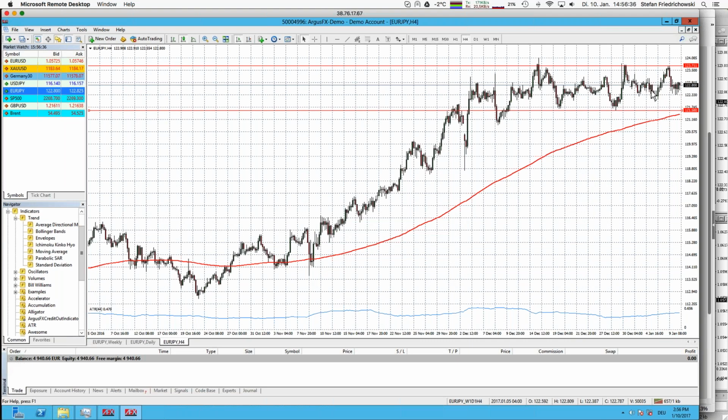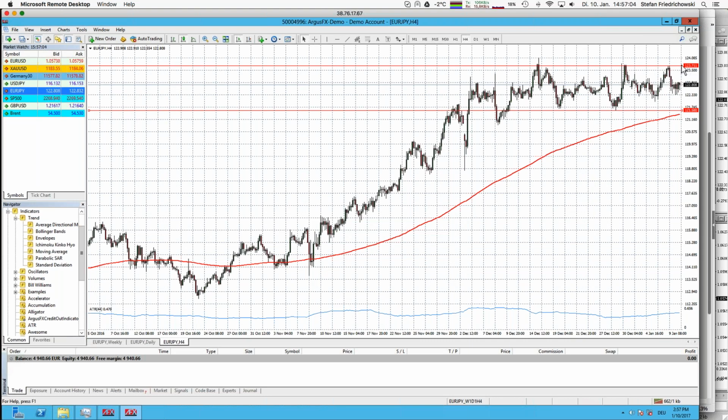That means if I want to trade right now Euro Japanese yen, I would not know which direction. There's no real argument for the long, no real argument for the short. But think about all of a sudden the price move upwards here.